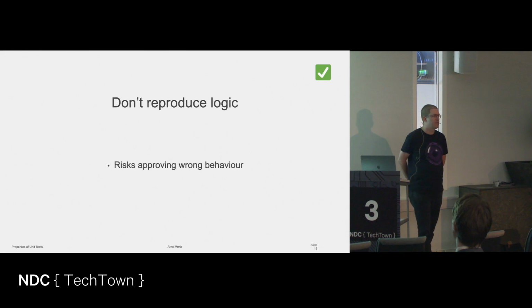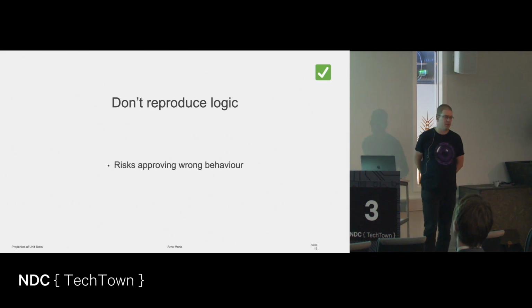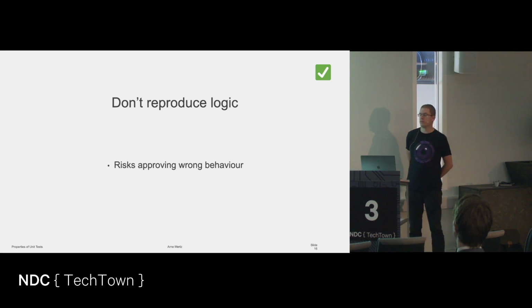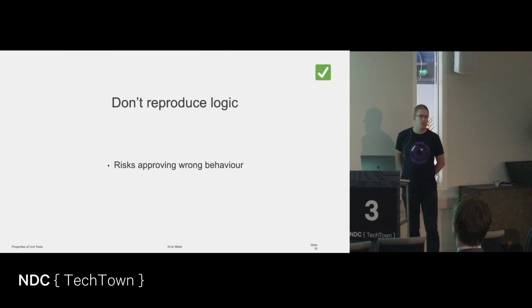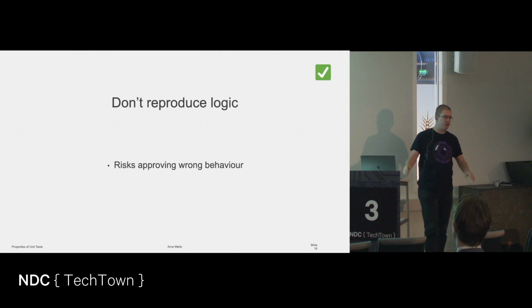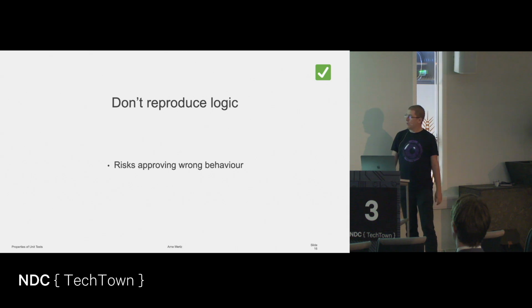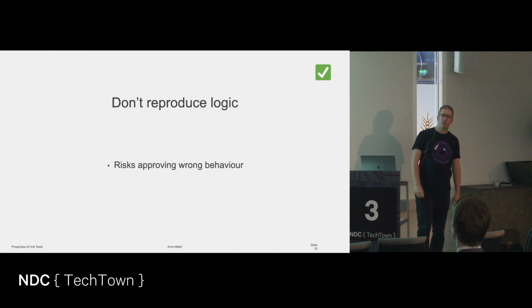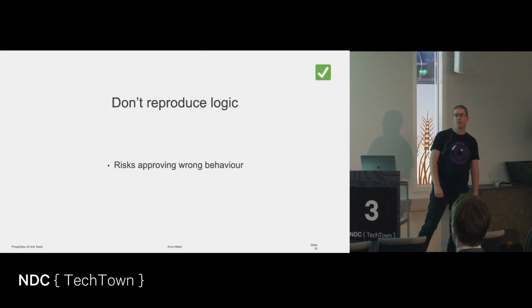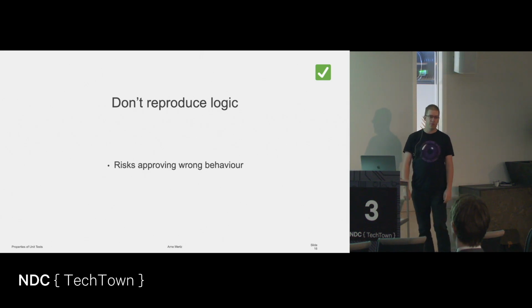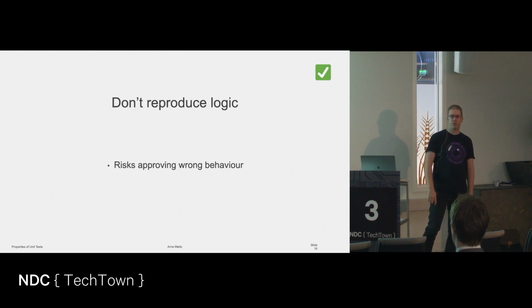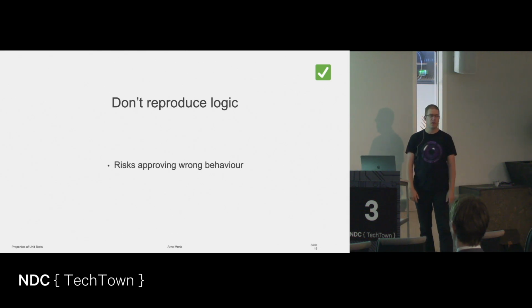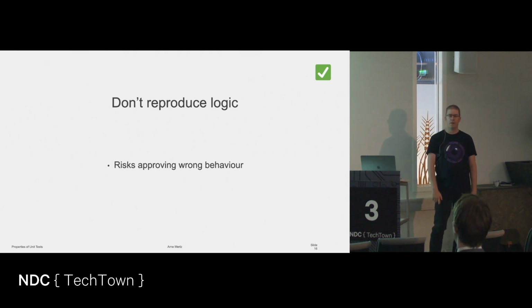To have correct tests, don't reproduce logic. I've seen test cases and code logic where someone, very simplified example, imagine you write a function that says these numbers are odd and these numbers are even. And you insert a typo. So you say if I modulo 3 instead of modulo 2 is 0, then it's even, else it's odd.